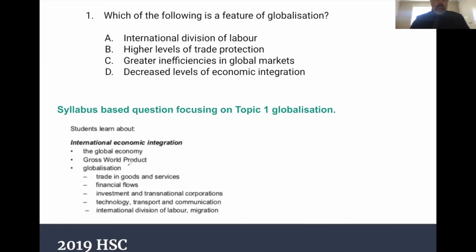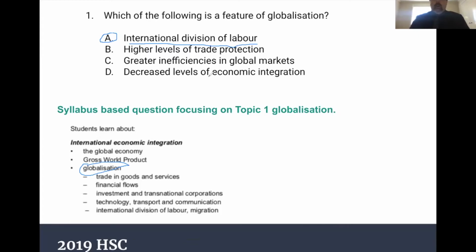We're looking at globalization, and we can see the aspects that you should have notes on and have learnt. If we go back up to our question, we can see the International Division of Labour as one of those key components of globalization.